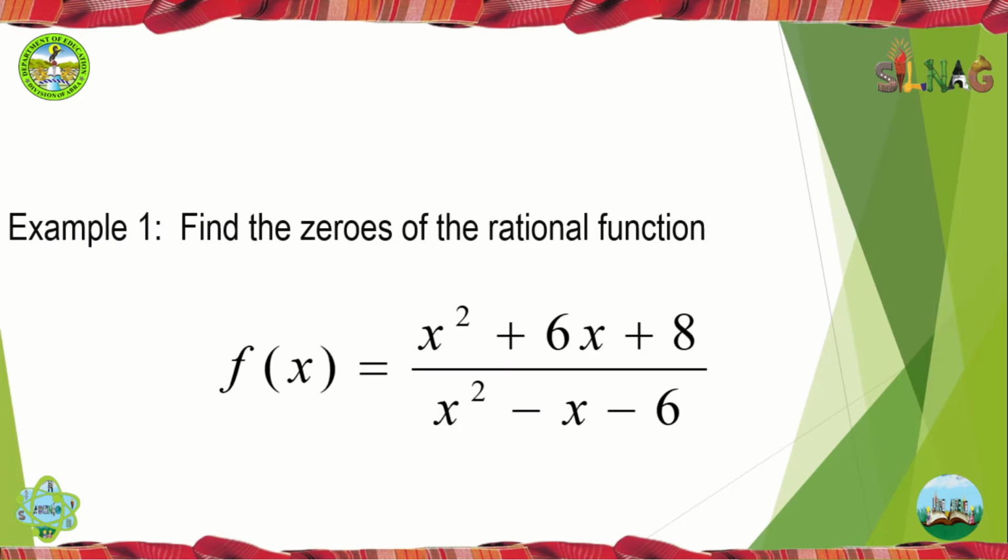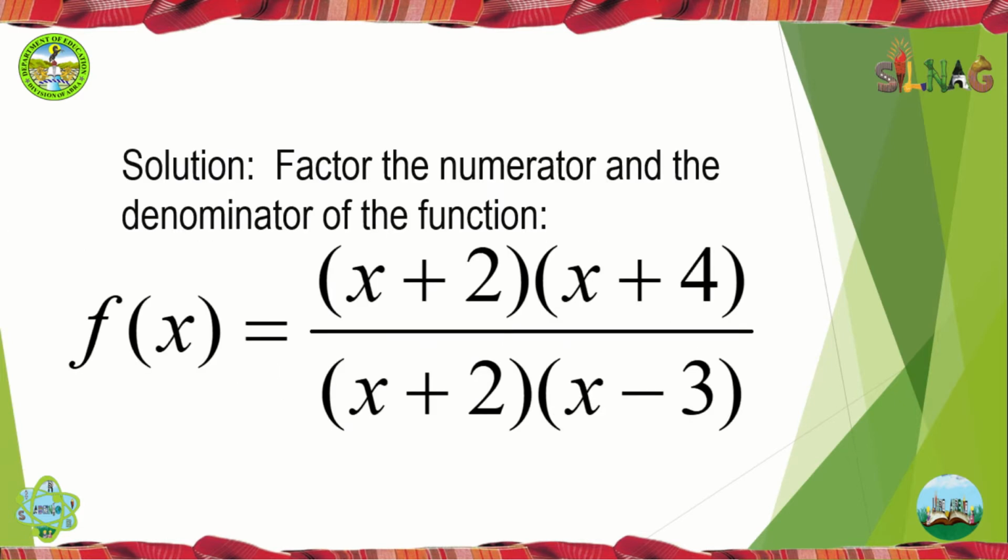Find the zeros of the rational function f of x is equal to x squared plus 6x plus 8 over x squared minus x minus 6. So, the first step is we have to factor the numerator and the denominator of the function. The factors of the numerator are the quantity of x plus 2 and the quantity of x plus 4.